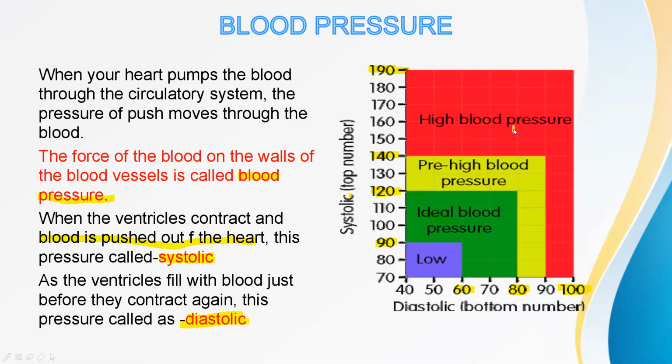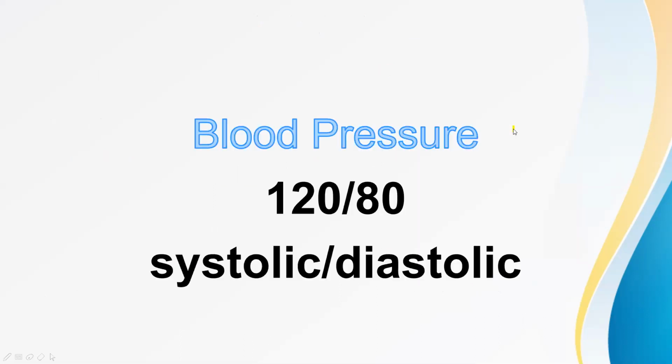So this is about blood pressure, and the ideal blood pressure is 120/80. 120 indicates systolic pressure and 80 indicates diastolic pressure. You have to remember this is the ideal pressure in human adults. But for children, from newborn babies up to 12 or 13, there are variations in systolic and diastolic measurements.